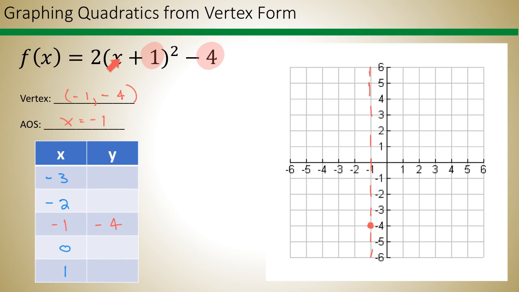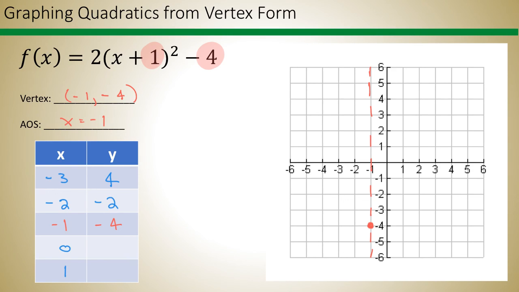So -3 plus 1 is -2, -2 squared is 4, 4 times 2 is 8, 8 minus 4 is going to be 4. Okay, now we sub -2 in, so -2 plus 1 is -1, -1 squared is 1, 1 times 2 is 2, 2 minus 4, that's going to be -2.